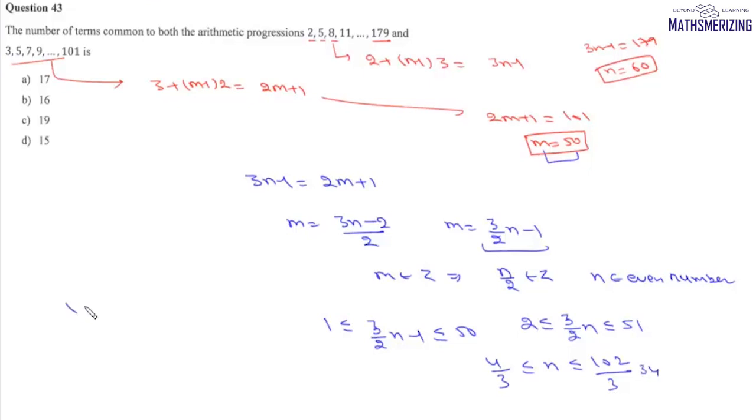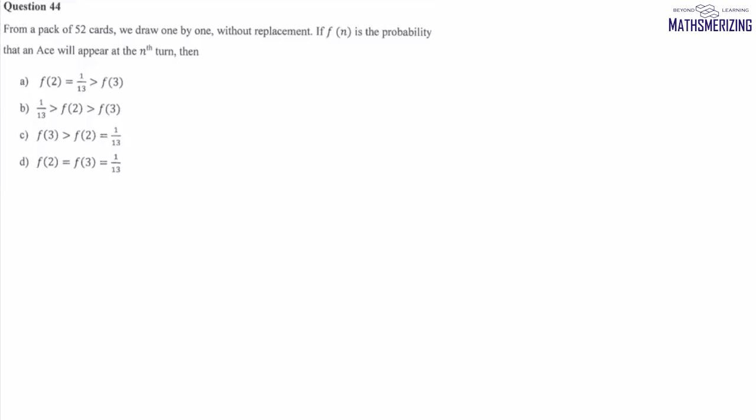So the value of n will be greater than 1.3 something, and it is always less than or equal to 34. So we need to find all the integral values of n which are even. So values of n are 2, 4, 6 up to 34, and that will be 17 such values. So the answer to this question is 17. The number of terms common to both the arithmetic progressions is 17.